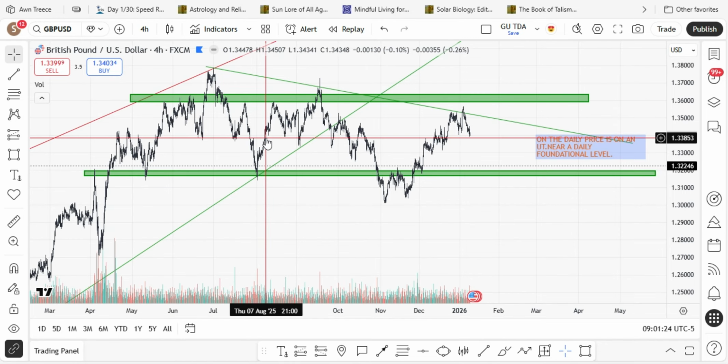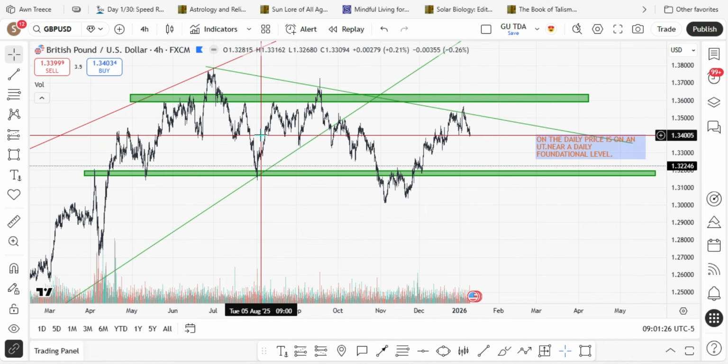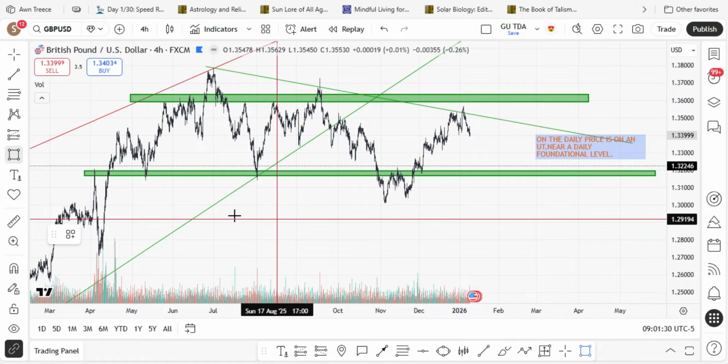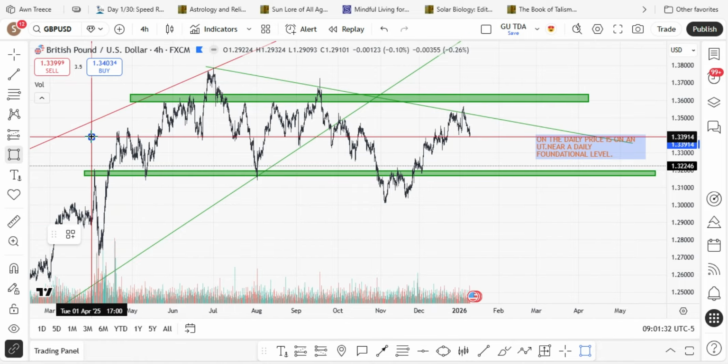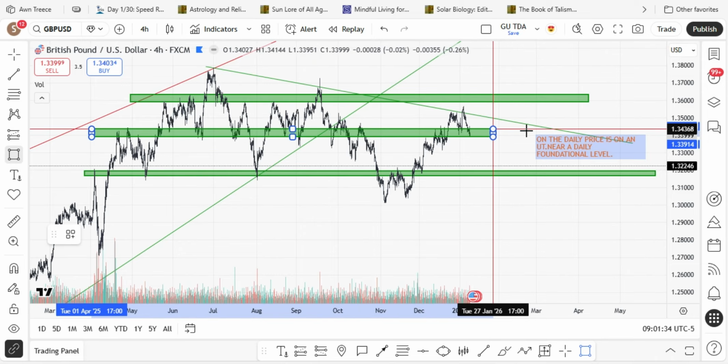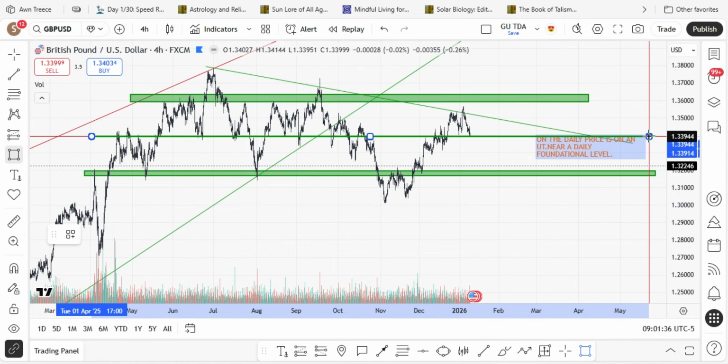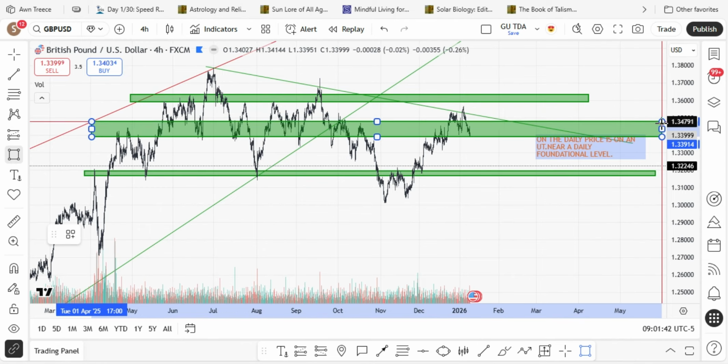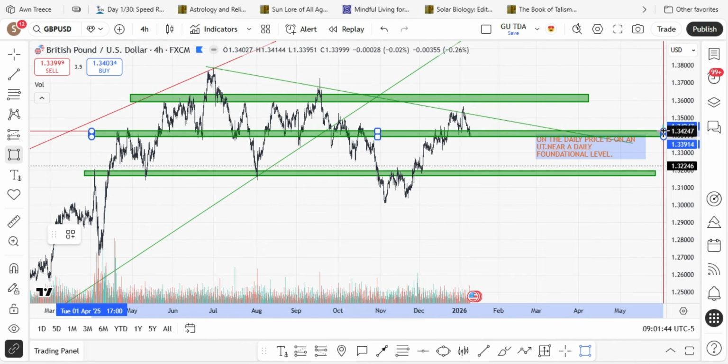I think that's kind of like maybe a 1 hour zone. I mean, but I do see it clearly on here. I'll mark it.